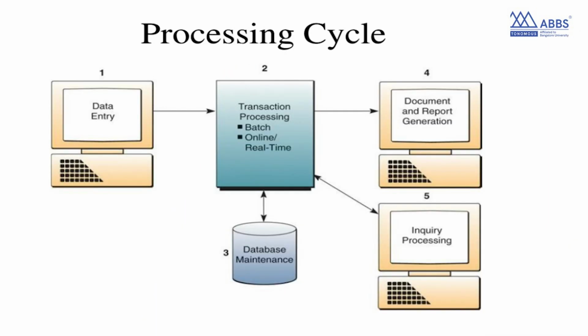Now, how does this transaction processing cycle occur? If you look at the diagram, the first step of transaction processing is data entry. The moment the data is entered, the transaction is initiated, and the data is captured and stored in the database.